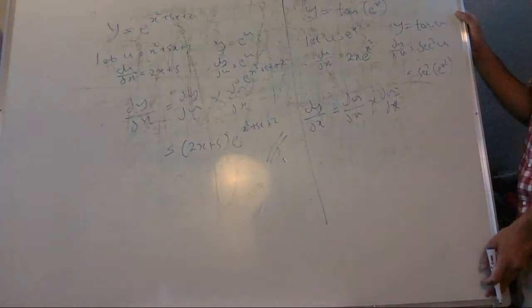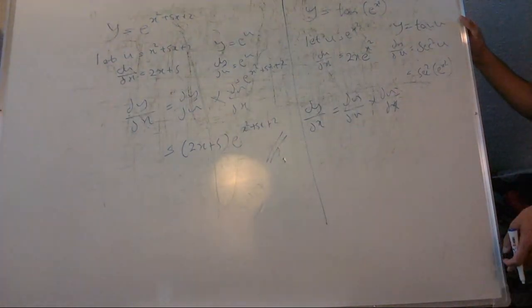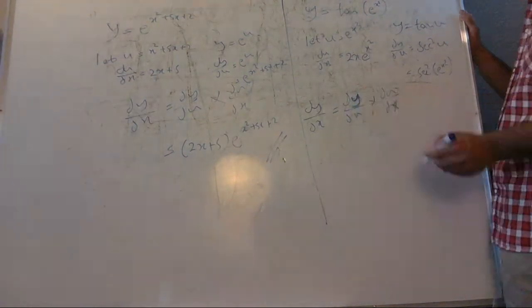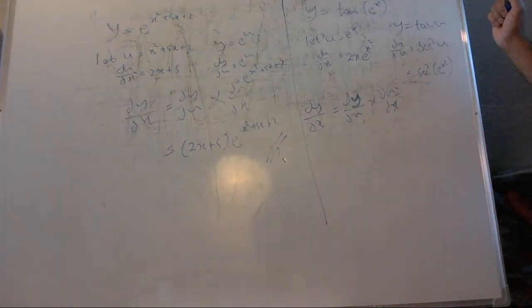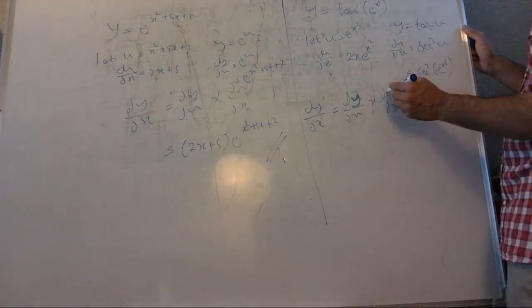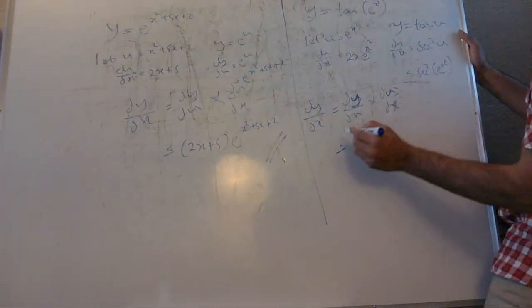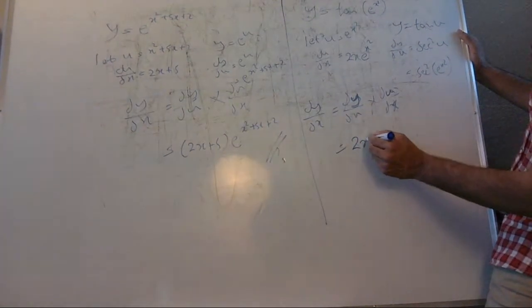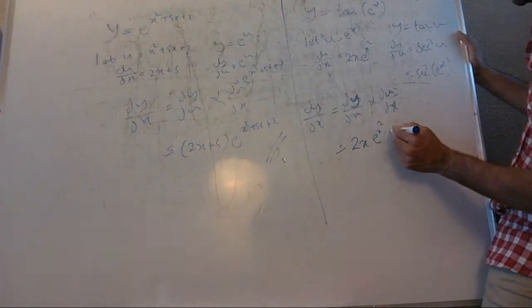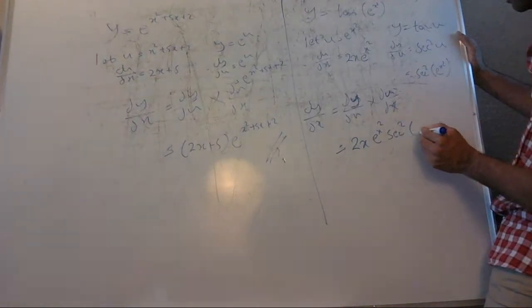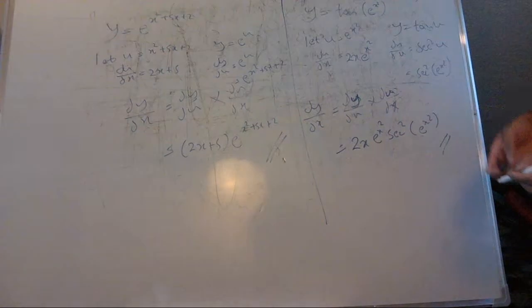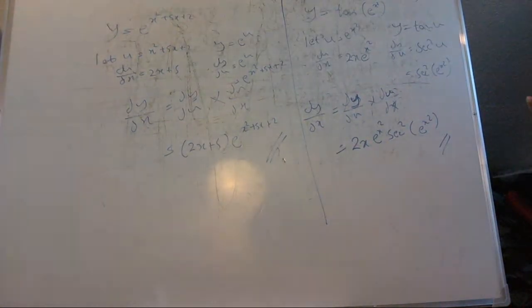It's the same formula every time. So dy du is this one, du dx is that one. If you multiply it together, let's write this in order. It'll be 2x e to the x squared sec squared of e to the x squared. That's the answer. So that is how you differentiate using chain rule.